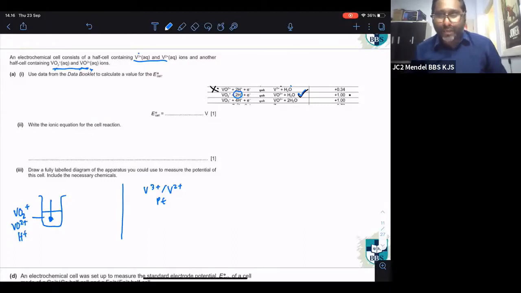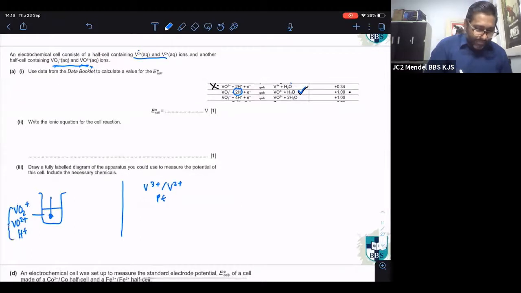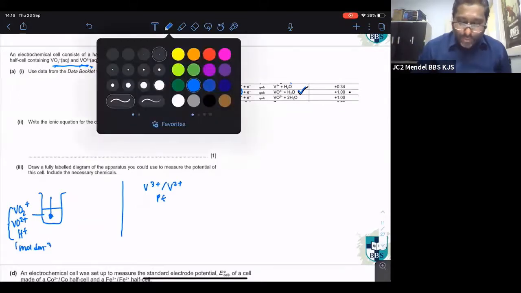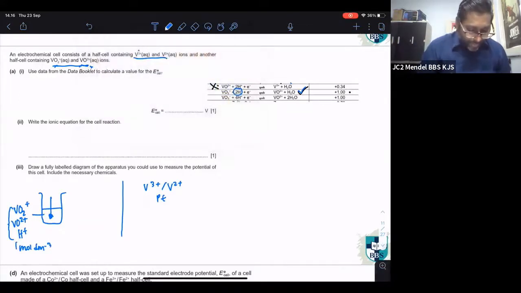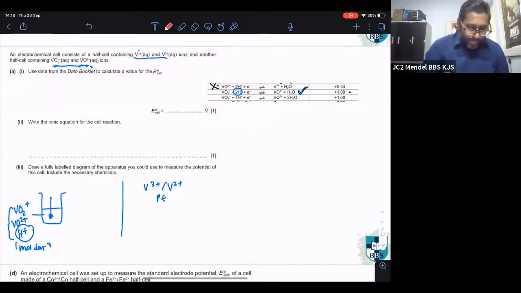Very important. Make sure that all these three are 1 mole per dm cube. All of them are 1 mole per dm cube. This is one of the common mistakes that students will make. They forget to include the H+.